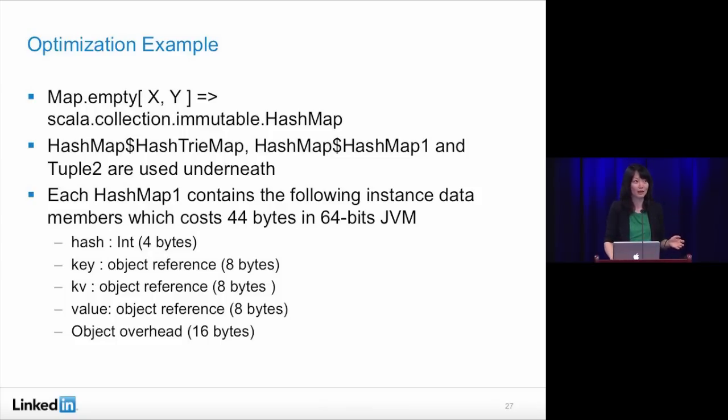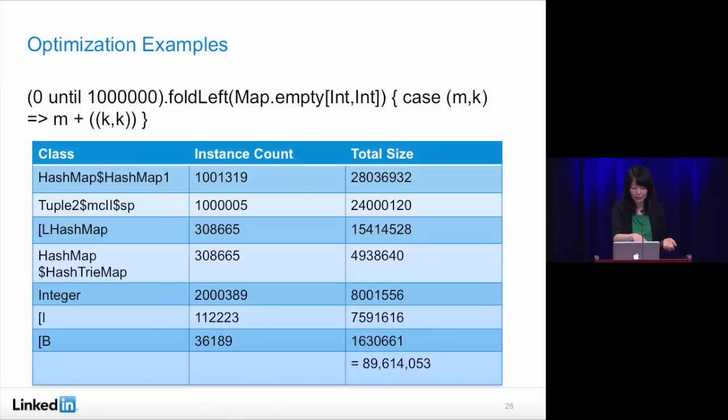44 bytes is not a lot of data, but if you end up using this hash map to store int-to-int mappings, let's say you have a code snippet like that, I'm just storing 1 million int-to-int mappings in the Scala default hash map.